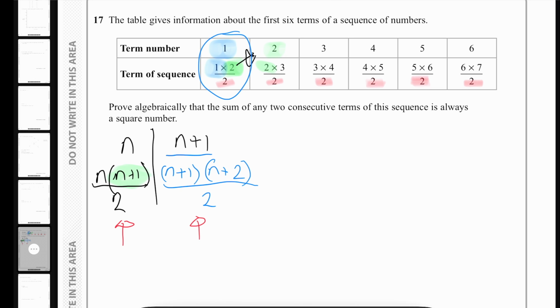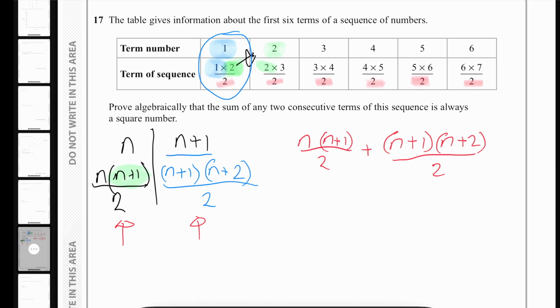So now I need to do a sum of them. So n plus 1 over 2 plus n plus 1, n plus 2, all over 2. And it's saying the sum of them. So I can just add them together. Because I've got a common denominator, I can just add those numerators together.